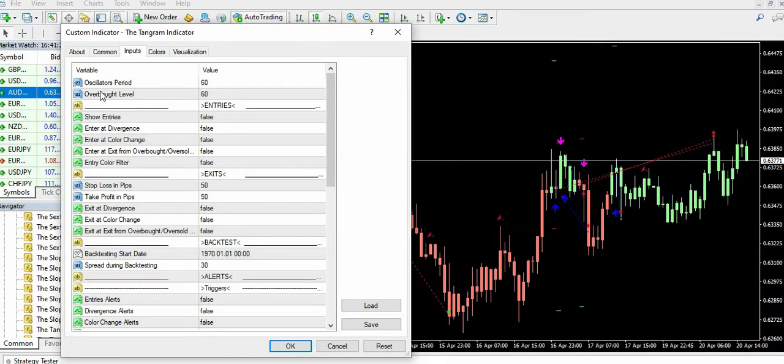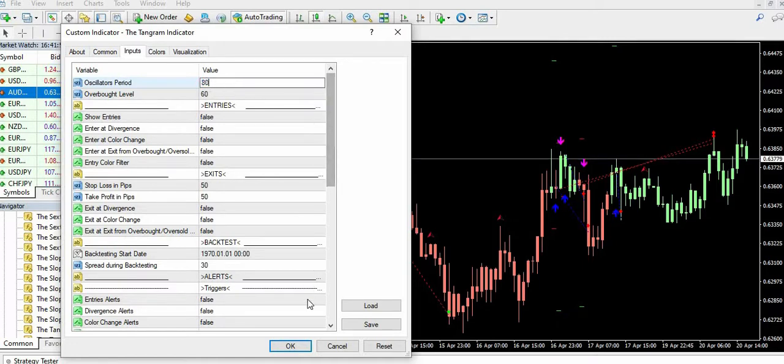Okay, so here are the settings of the indicator. Let's start by going through each category. So the first category is the main settings, which are two settings. One is the period, and this is the period of the compounded oscillator. So the default setting is 60, but you could set it anything you like.